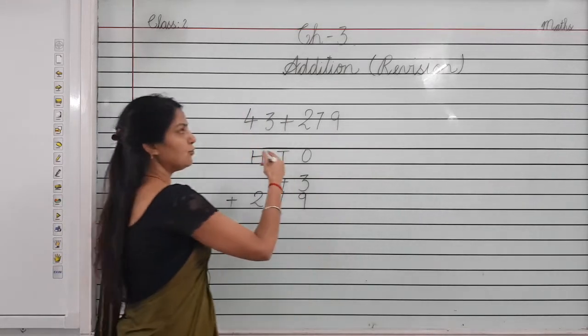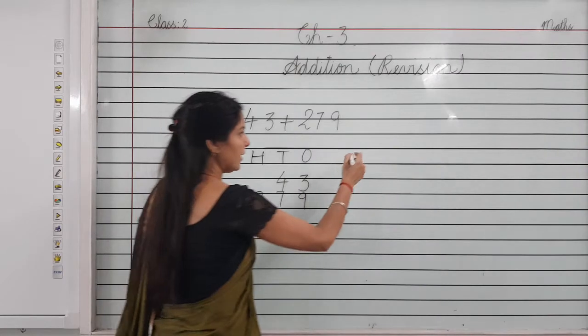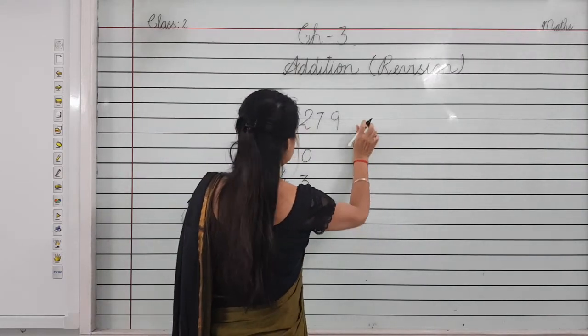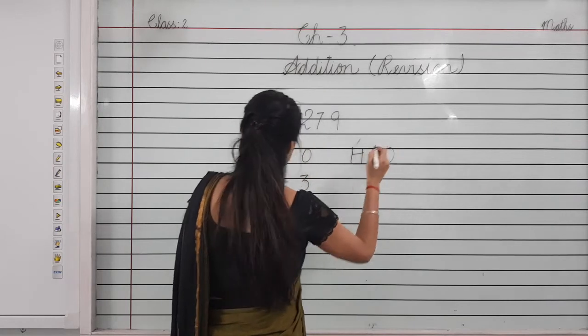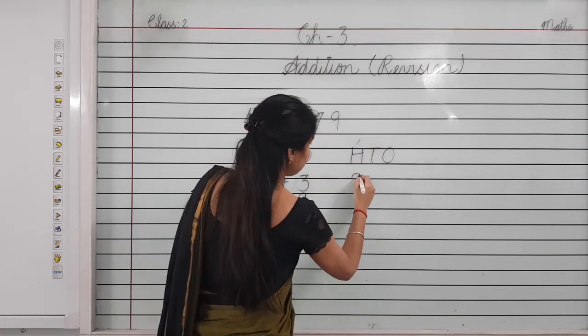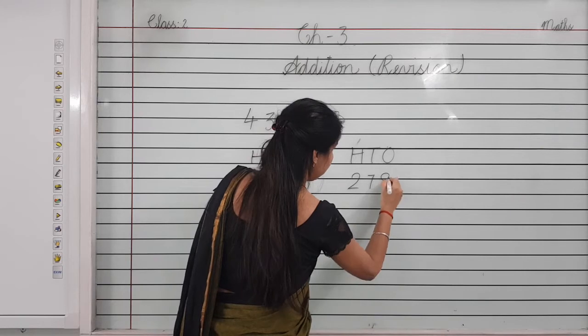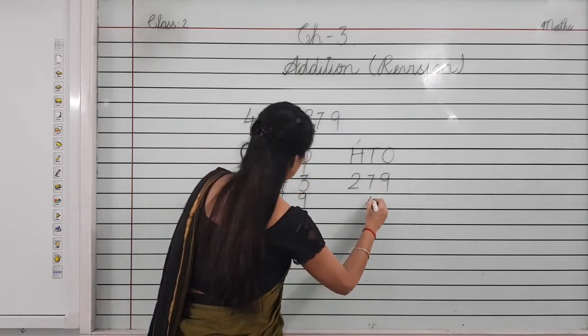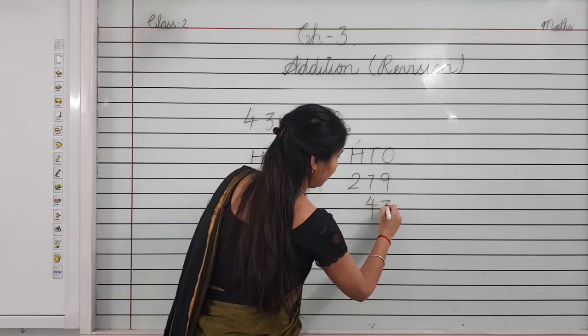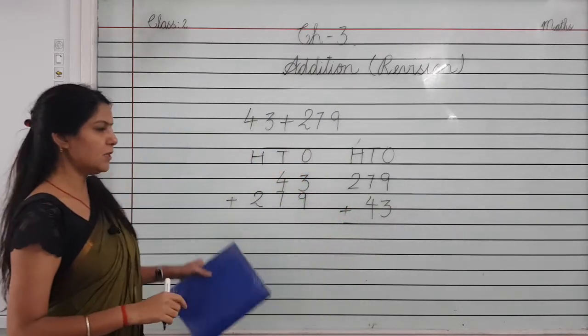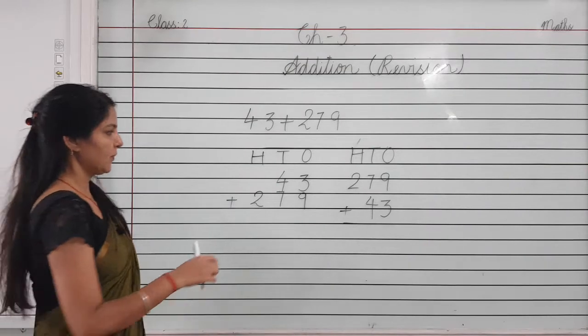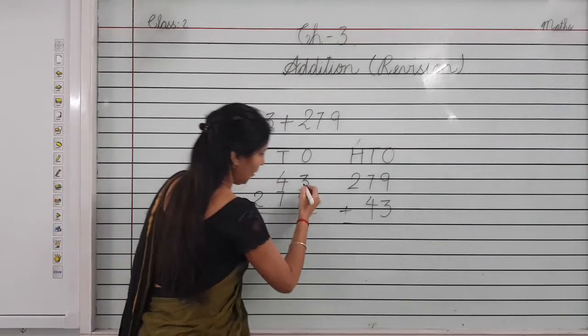If you want to write 279 first, you can write 279 first, arrange these in columns HTO. First of all, we will write 279 and then 43. Now we change the order of the numbers, but answer will be the same. So start adding from here.